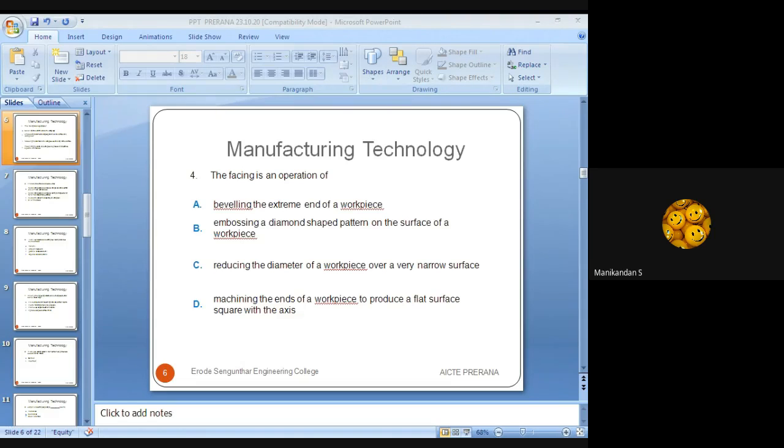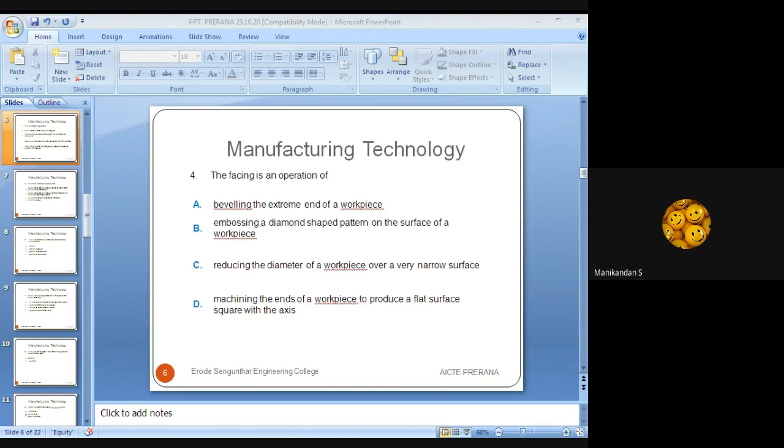Facing is an operation of machining the ends of the workpiece to produce a flat surface square with the axis. Because the facing operation is done on the lathe machine by adjusting the tool post angle, that is at a 45-degree angle.